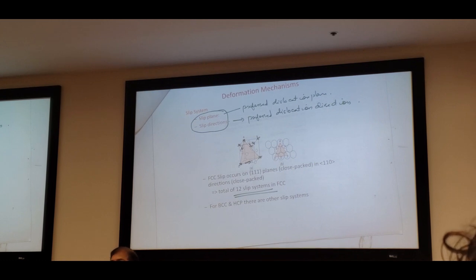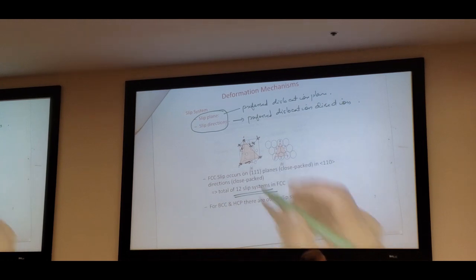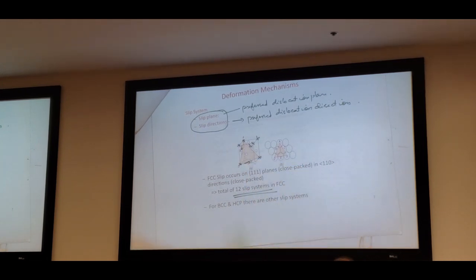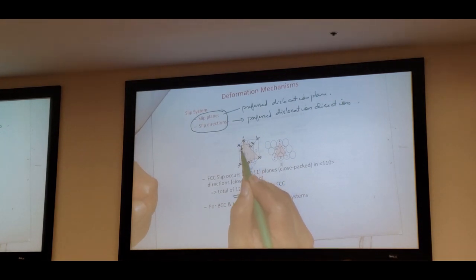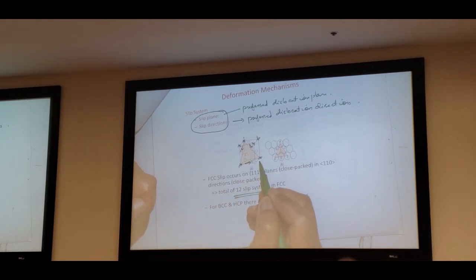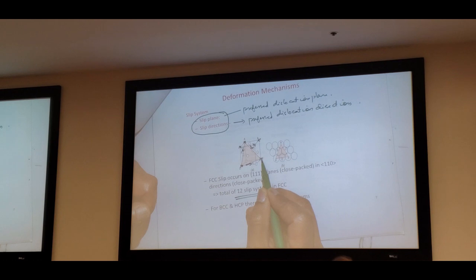For each 111 plane, how many directions can there be? What is this direction? Any direction here. This is 110, right? The x-axis is 1, the y-axis is 1, and the z-axis is 0.